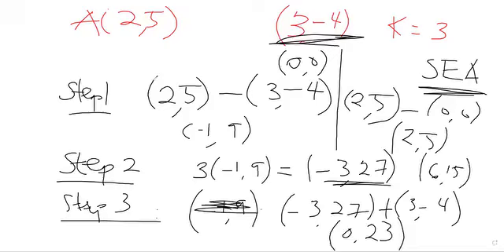If you add (0, 0) to (6, 15), you are still going to get (6, 15). So you see that step 1 did not affect the answer, and step 3 did not affect the answer. It was only step 2 that affected (2, 5). That's why we don't worry ourselves going through these 3 steps again. You just do the second step by multiplying by the scale factor, and then we are good to go.